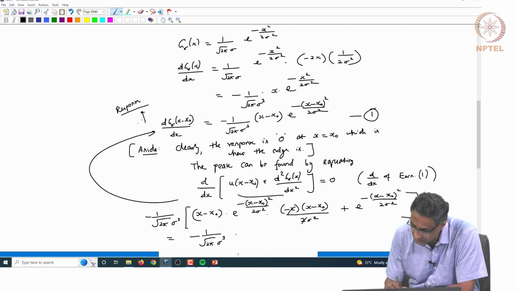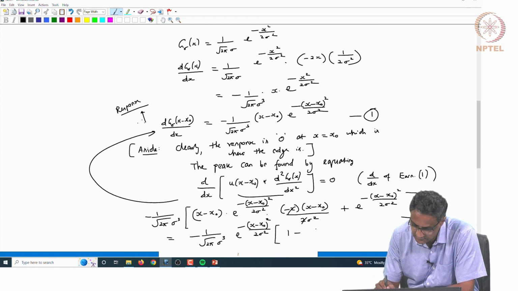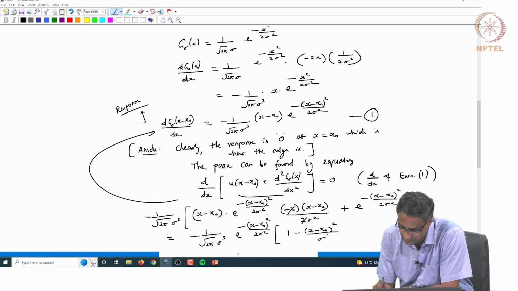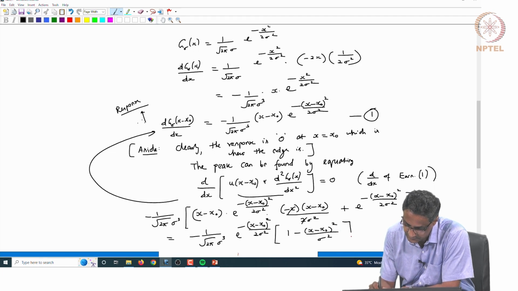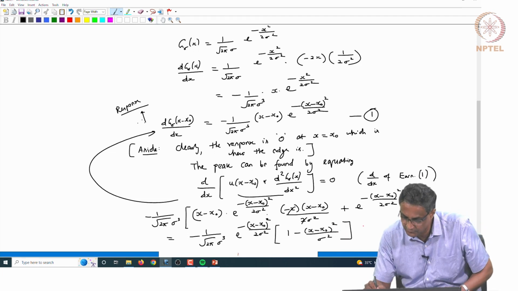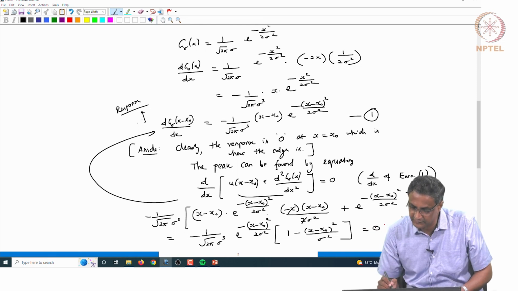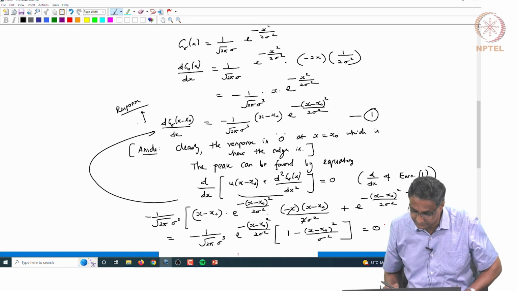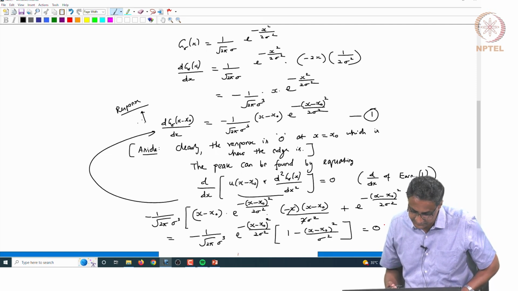We can pull out e raised to power minus (x minus x naught) the whole square by 2 sigma square, and then we can say 1, minus (x minus x naught) square by sigma square. This is what it will be, and this we want to equate to 0 in order to get the x at which there is a peak. There are probably multiple peaks, we do not know, but because it is a square, we expect multiple peaks.